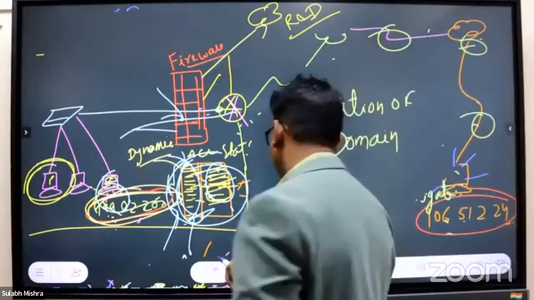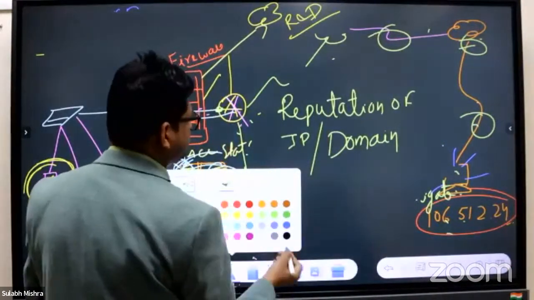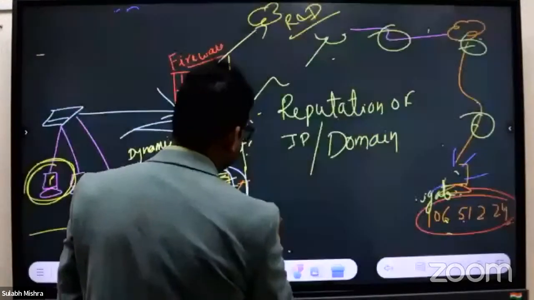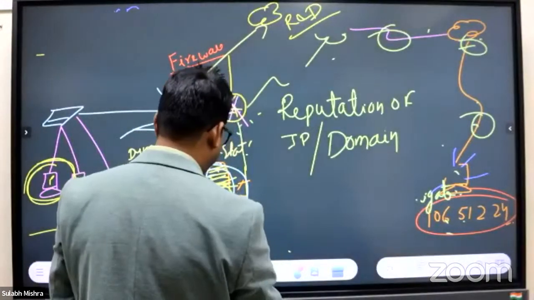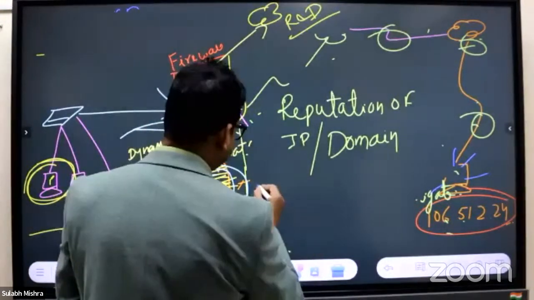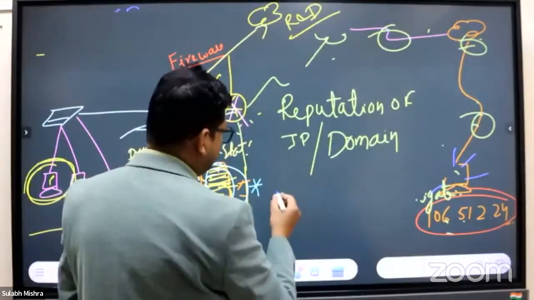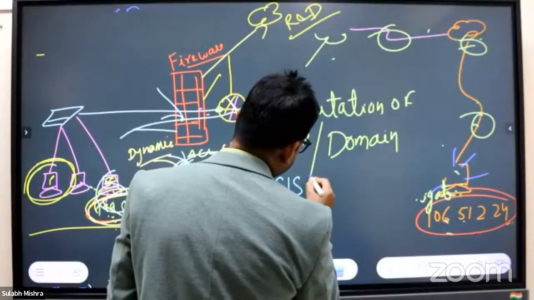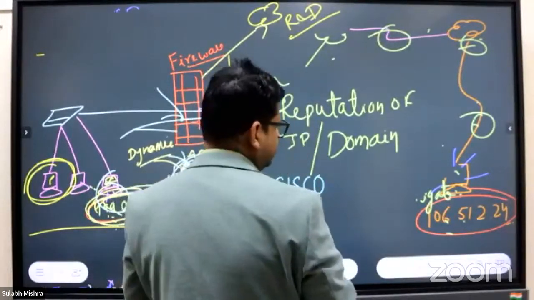There are many websites, but some of the good ones are, if you type in Google, you'll get it. Maybe I'm making a mistake in the spelling, but you can type in Google Cisco Talos Intelligence.